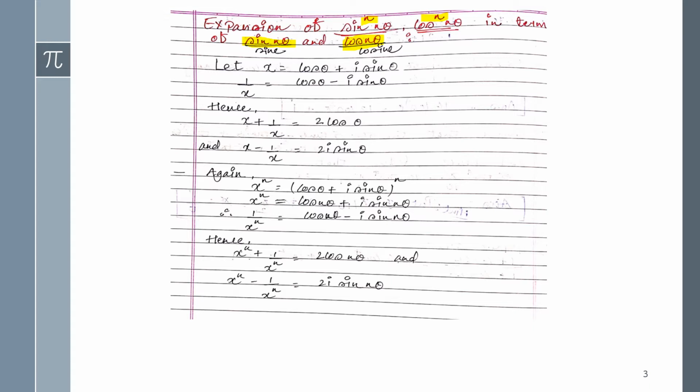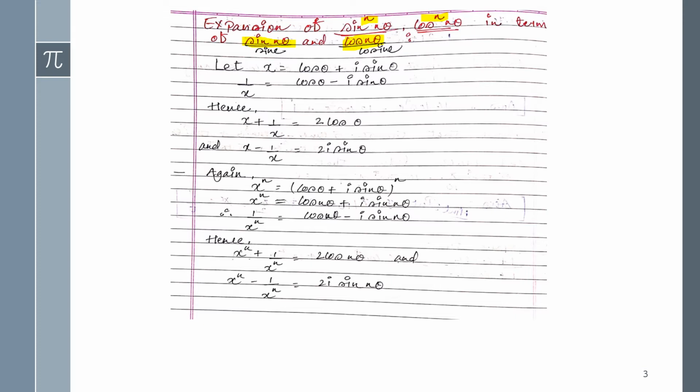For that, here is some of the theory of this expansion, and this one is very important, guys, because without understanding this theory you can't solve the examples. Okay, so first I'm applying x equals cos theta plus i sin theta, and for this function x I'm finding one more component, 1 upon x. 1 upon x is nothing but applying De Moivre's theorem, because if you shift x into the numerator then it will be x raised to -1.